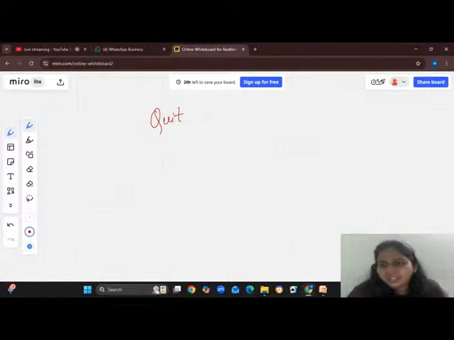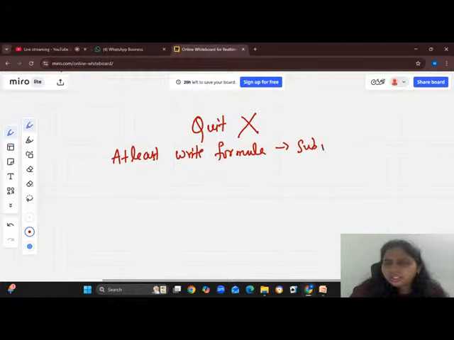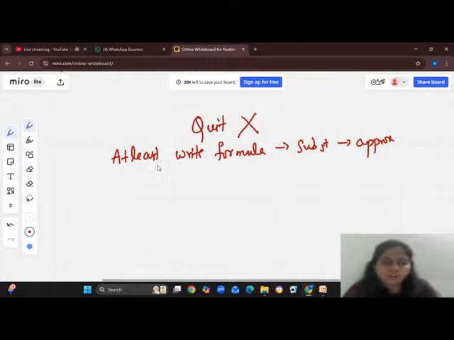I don't know why they quit. Don't do that. At least write down the formula, try to substitute, and give an approximate answer. So surface area is all about the formulas.